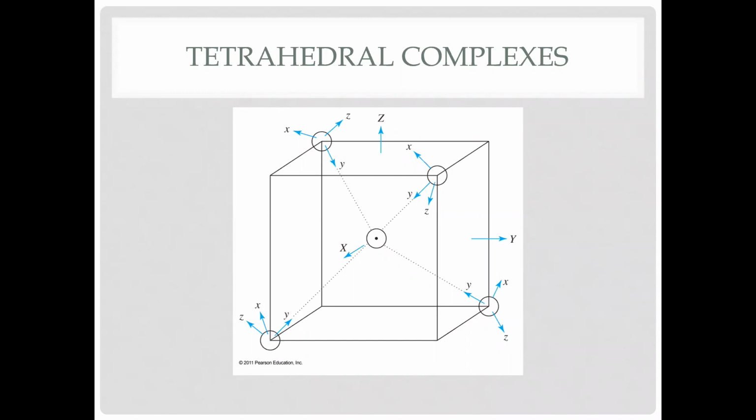Now remember that for our orbitals, the dz squared is going to come up and down into the faces at the top and the bottom, and there are no ligands there. And then our x squared minus y squared orbitals are going to go to the faces along the y-axis and along the x-axis.